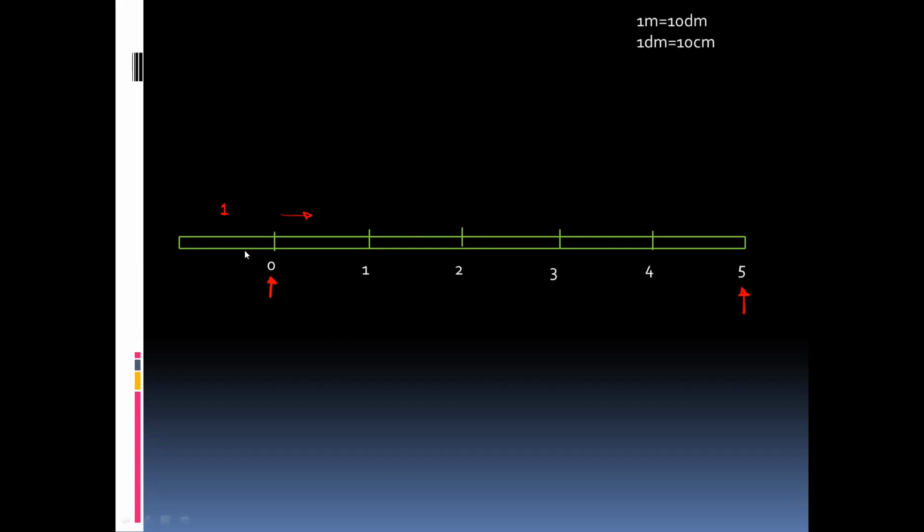Each subdivision will represent 1 decimeter.